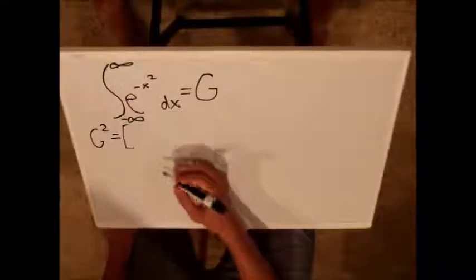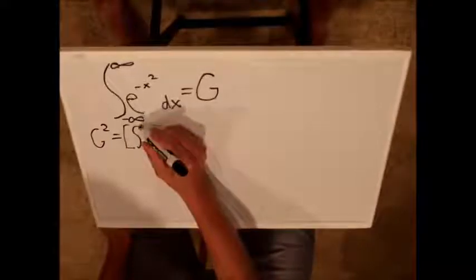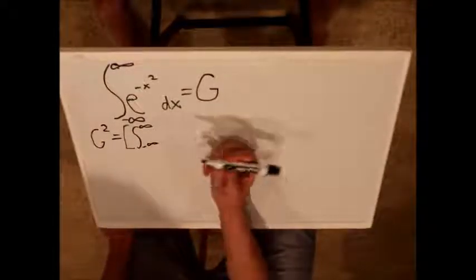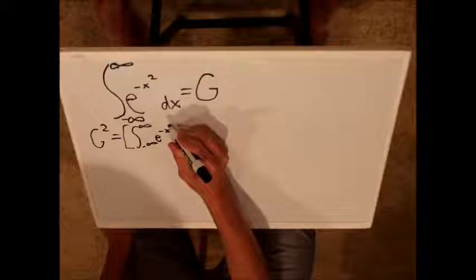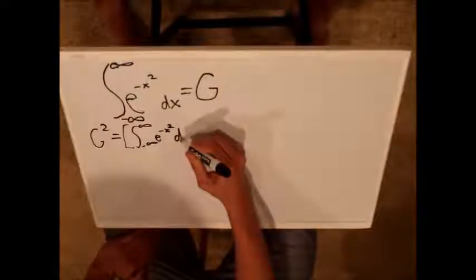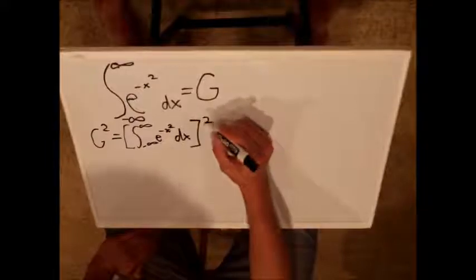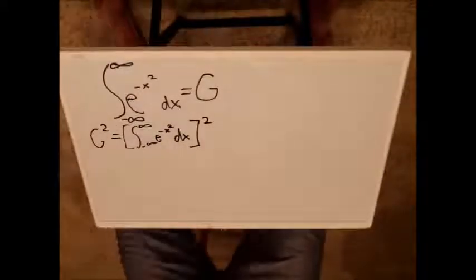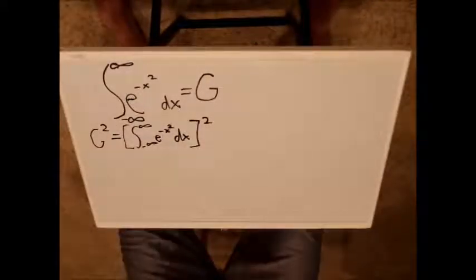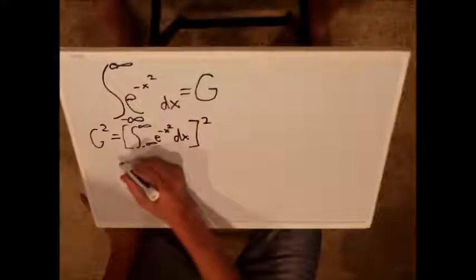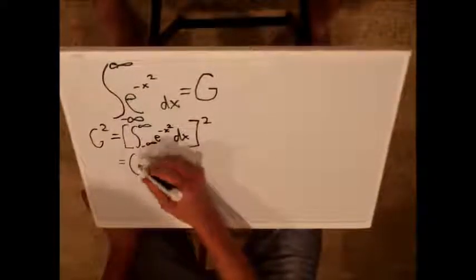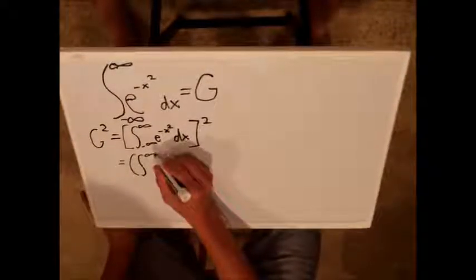Not something you're going to normally see in basic level solving of integrals, but it's just a clever technique, and you'll see how it ends up working, because it allows us to directly solve for what G squared is, and then we'll be able to take the square root of both sides. And if you remember, there's a square root in the answer, so that makes sense. I'm going to assume that you all know what it means to square a function.